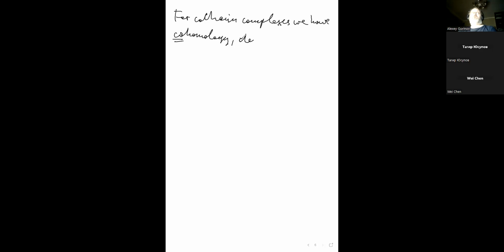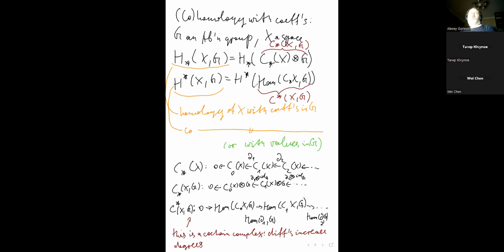And we denote the result by H upper star instead of lower star. So this is the reason I put an upper star here, and also on the left. The only difference is the differential increases degrees instead of decreasing them.